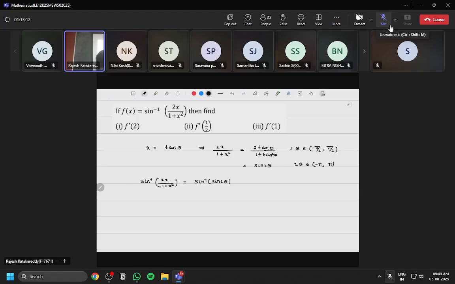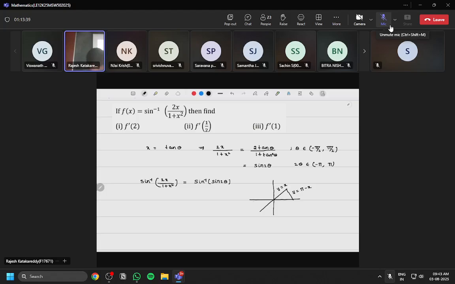So the sine inverse of sine function graph, if you notice, will be y is equal to x in the interval minus pi by 2 to plus pi by 2. This is the y is equal to x graph. This is y is equal to pi minus x. Slope is negative, x-intercept is positive.